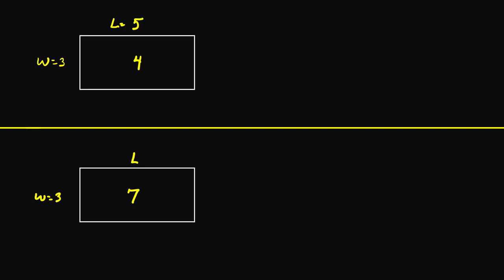By the time you got to the 4th grade, they were introducing the concept of formulas, especially for rectangles and squares, and still working with perimeter. They said perimeter equals 2 times L plus 2 times the width.